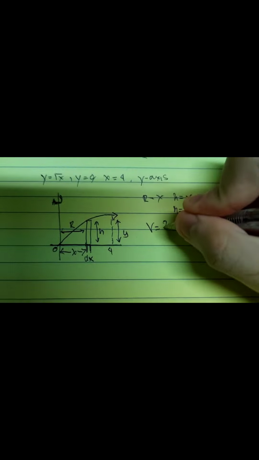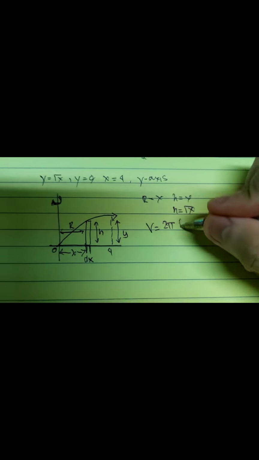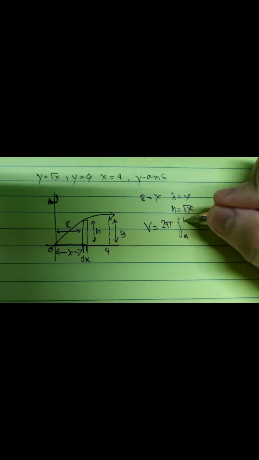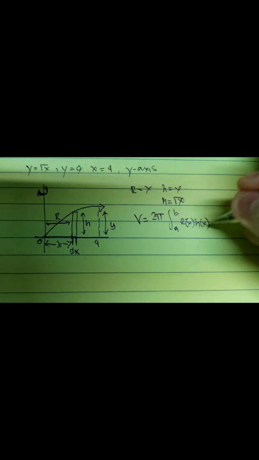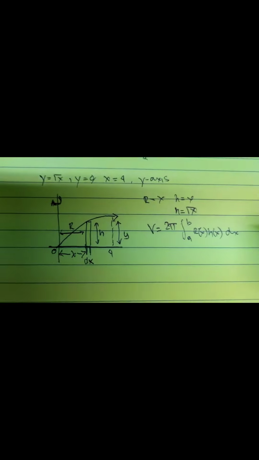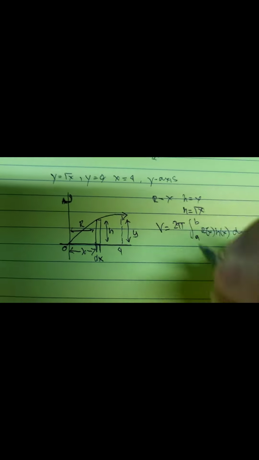So by using the formula, V equals 2 pi integral of a to b r of x h of x dx, we can substitute now our values.